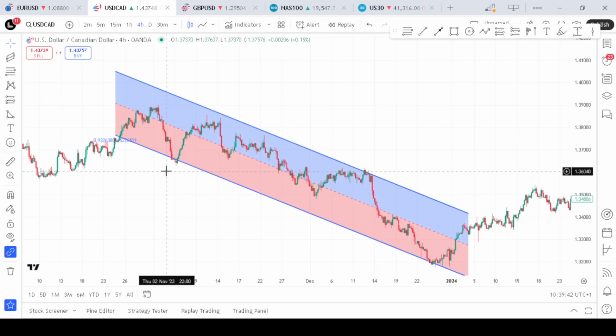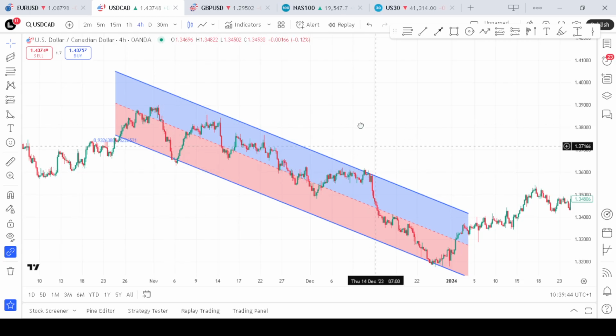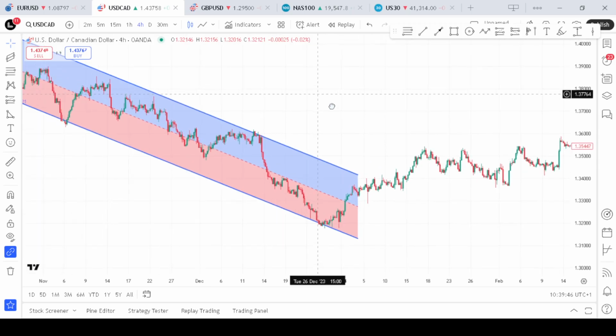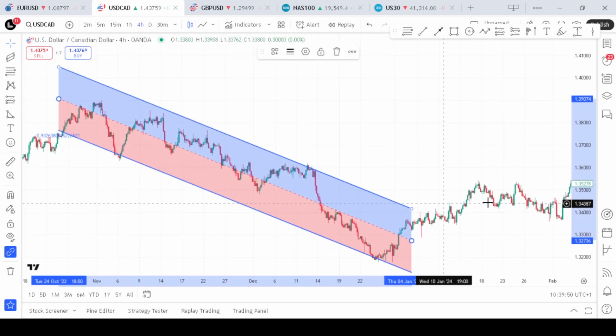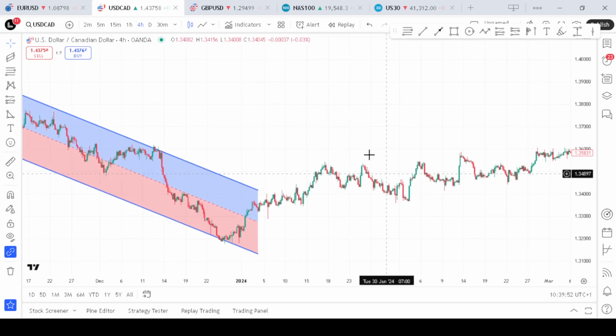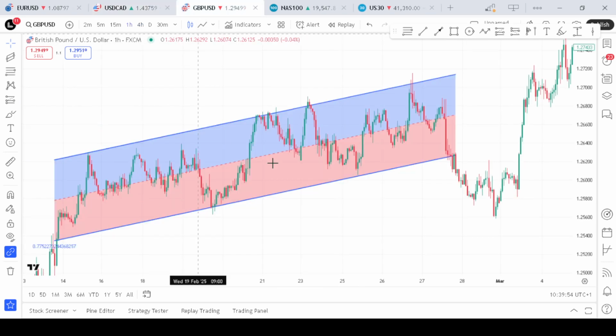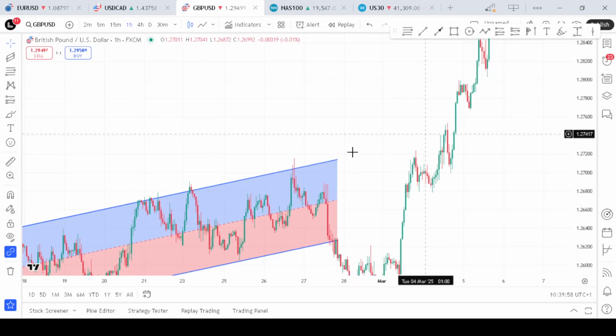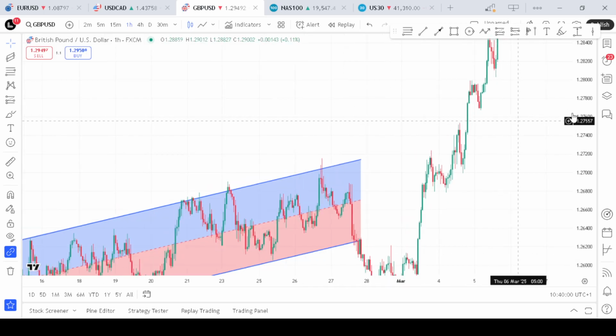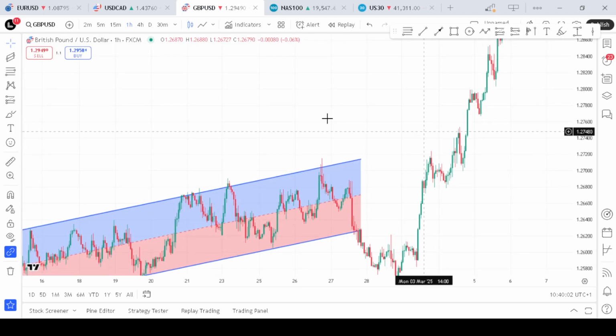However, we have to wait for confirmation before entering any trade. In this case, in a downtrend, price broke above, and as we can see, it continued to the upside. This is a proper reversal. While in this area, price broke below before coming back up to continue the trend in the market.